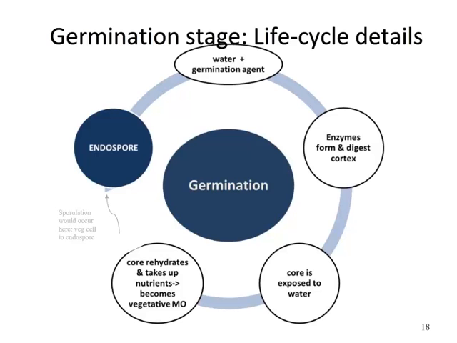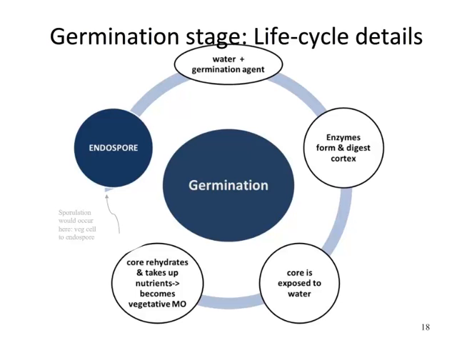Once the cortex falls away, the core is lying there naked, exposed to water. The core takes up the water, it rehydrates and begins to absorb nutrients, and at that point the core, which at one point was the endospore, becomes a vegetative cell.